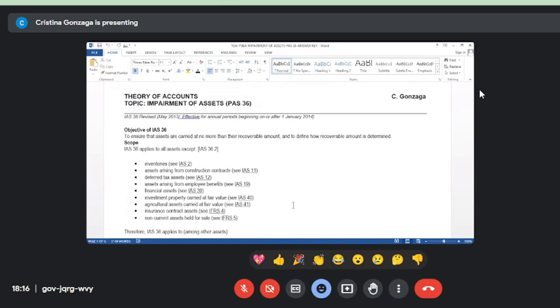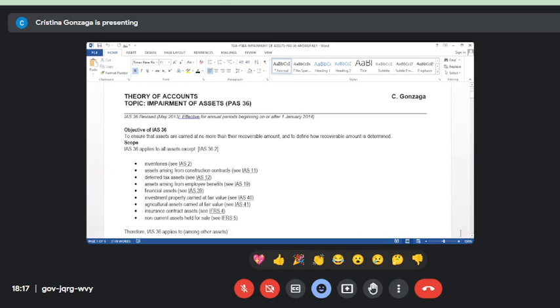Okay. So in response to this natural, ordinary phenomenon, we have PAS number 36 that guides us in accounting for impairment of assets. Of course, we should know what particular or specific asset is subject to impairment.